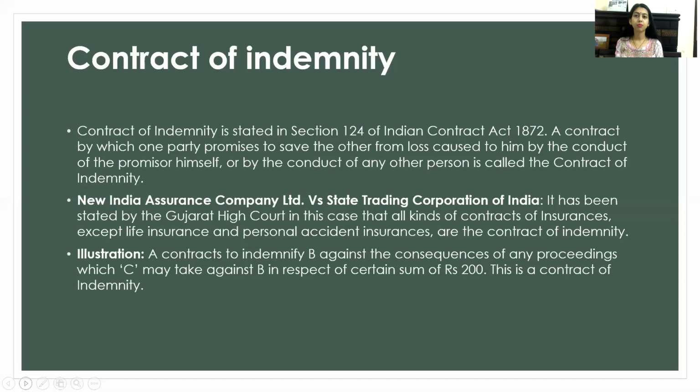Life insurance and personal accident insurance do not come under the category of contract of indemnity. Take another example. A contracts to indemnify B against the consequences of any proceeding which C may take against B in respect of a certain sum of rupees 200. What is this? This is the contract of indemnity.